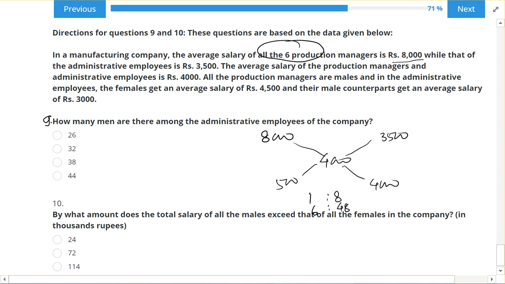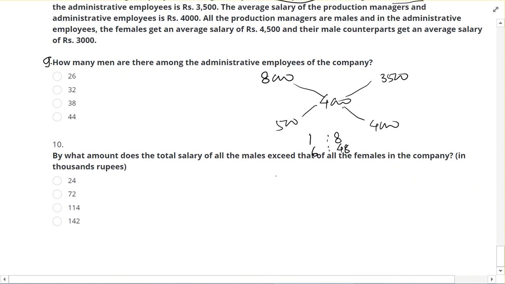Okay. All the production managers are males. And in the administrative employees, the females get an average salary of 4,500. Male counterparts get an average salary of 3,000, and the overall average is 4,000. So for females and males, it is 500 and it is 1,000.